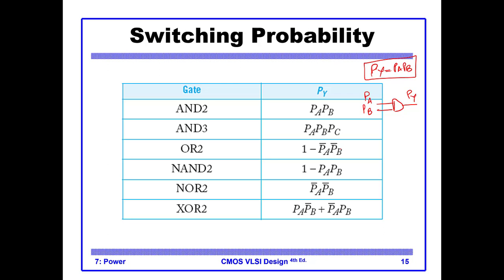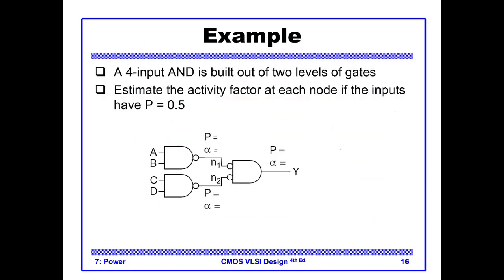So consider a 4-input AND gate which is implemented in 2 levels. This is level 1, this is level 2. The first level has 2-input NANDs and the second level is a 2-input OR gate.